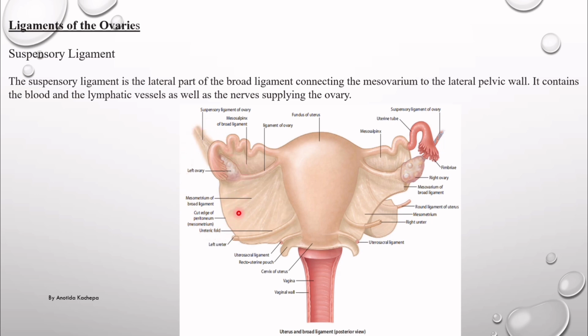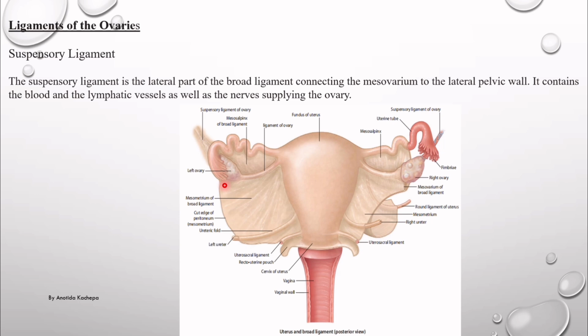Then the broad ligament has the mesovarium, which connects to the suspensory ligament. It's also a part of the broad ligament. The broad ligament is a double layered fold of peritoneum, which encloses the structures here, which we'll talk about soon enough.